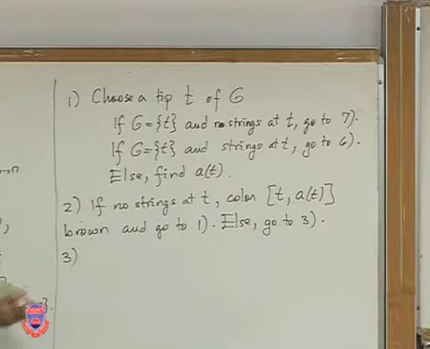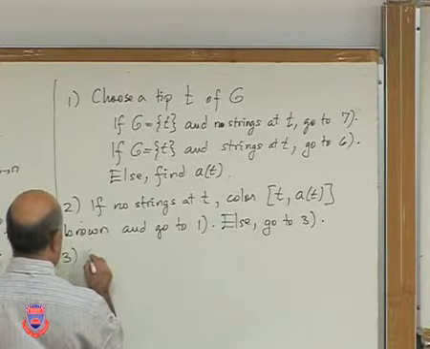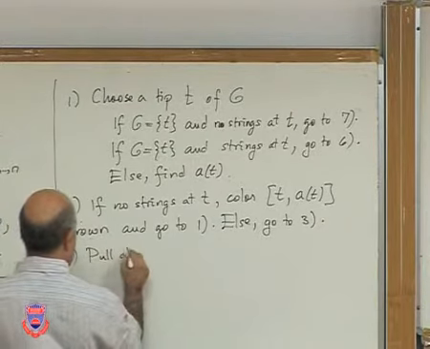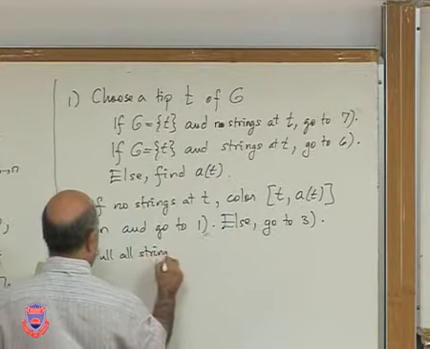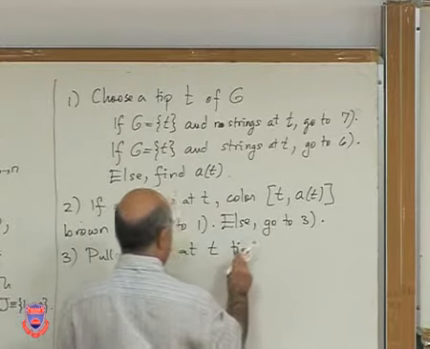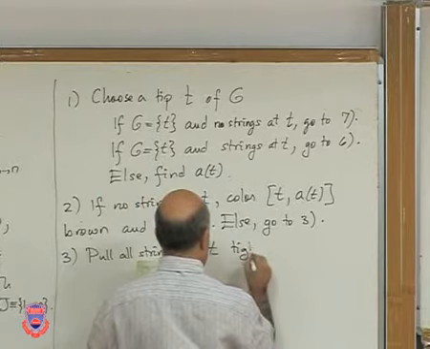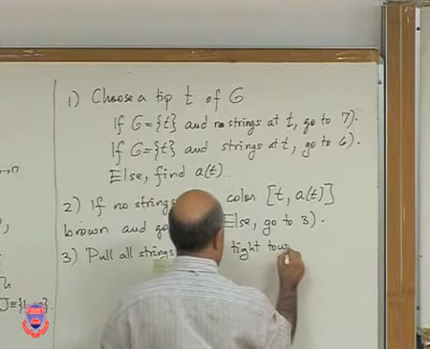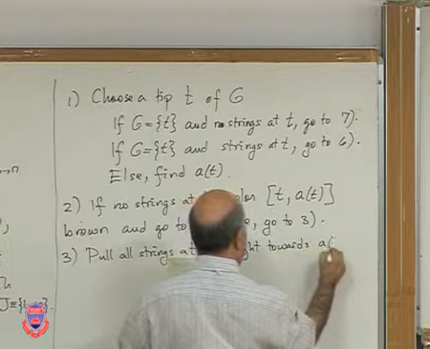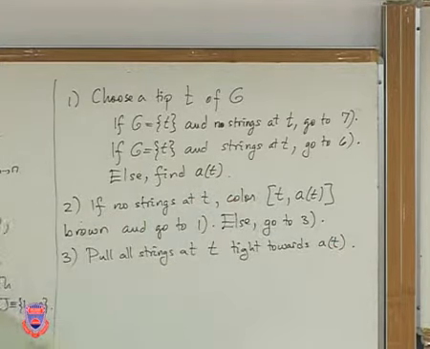In step 3, you pull all strings tight towards AT. Pull tight means, of course, you actually make them coincide with the edge segment under consideration.